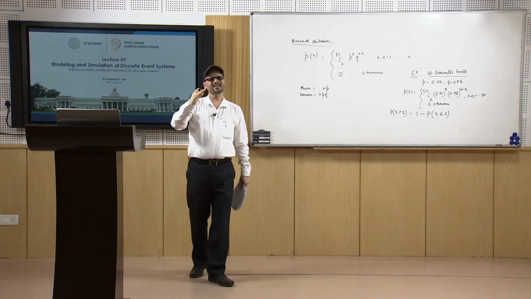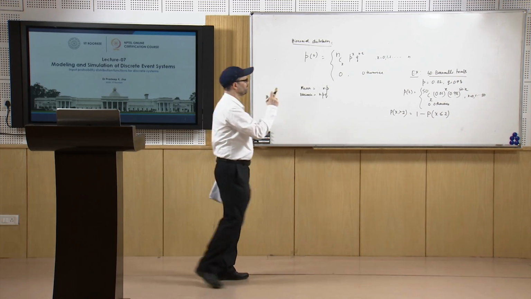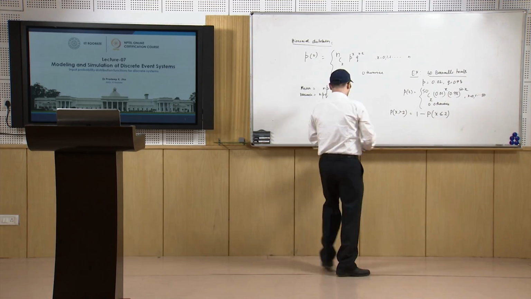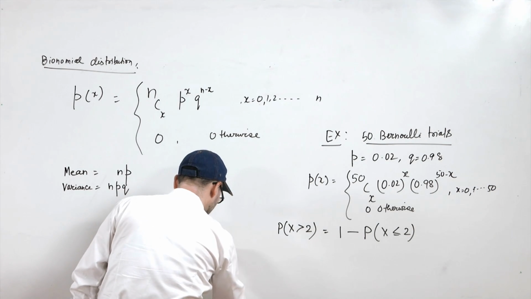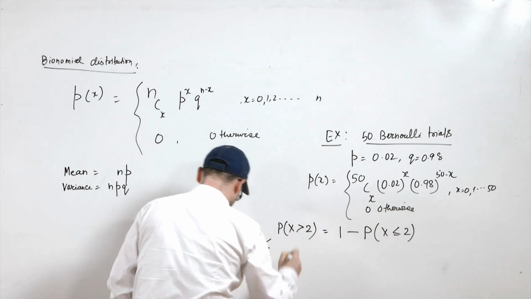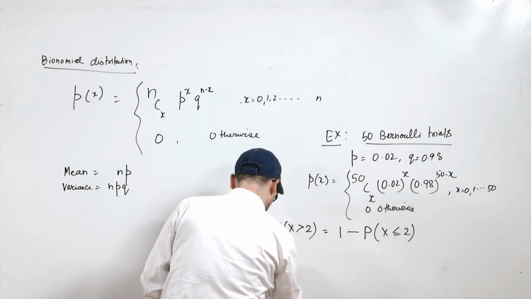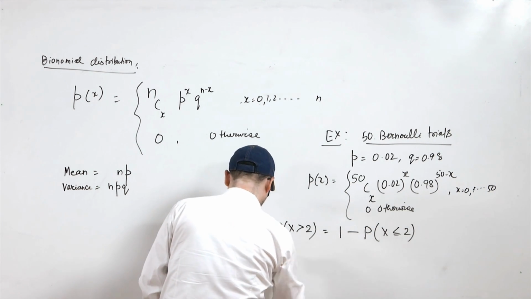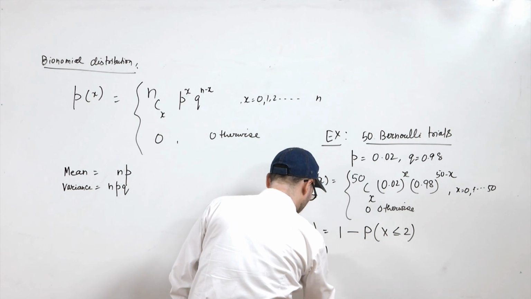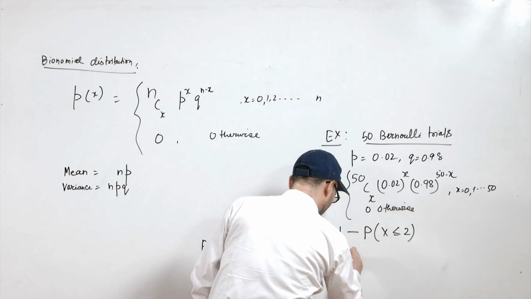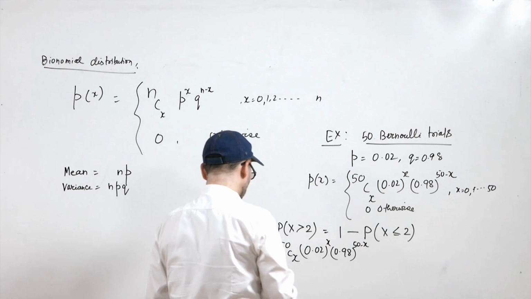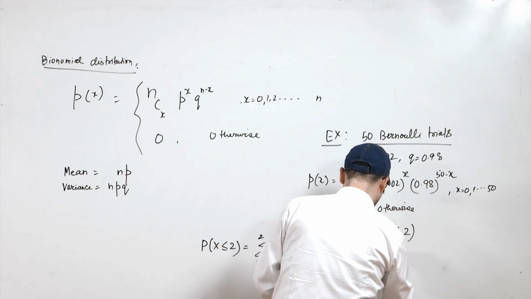P(x less than or equal to 2) means x is either 0, 1 or 2, so x varies from 0 to 2. You have 50Cx 0.02 raised to the power x and 0.98 raised to the power 50 minus x. If you compute this value, it comes to 0.92.